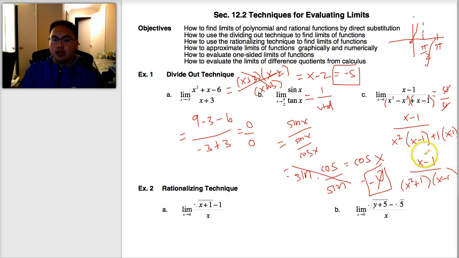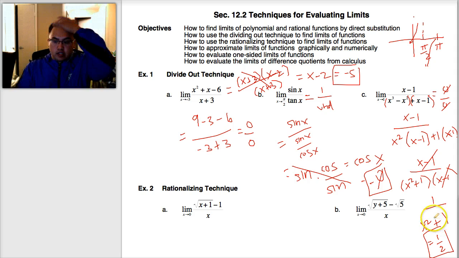Now that I've factored the denominator, you may notice that this and this actually cancel. So the whole problem can be just rewritten as 1 over x squared plus 1. Now that it's all simplified, I can plug in the 1, my direct substitution method, and you'll notice that I could plug in 1 and not get 0 over 0 this time. I'm actually just going to get 1 over 2.